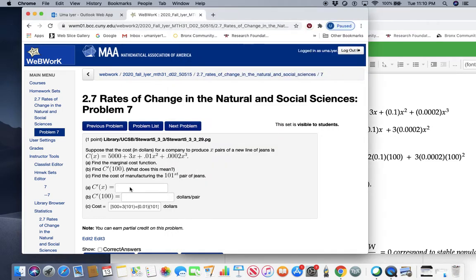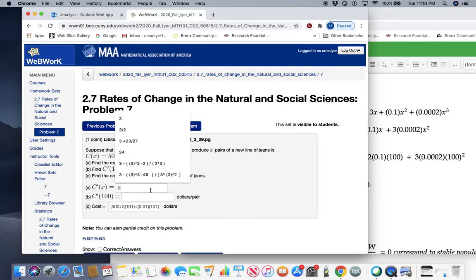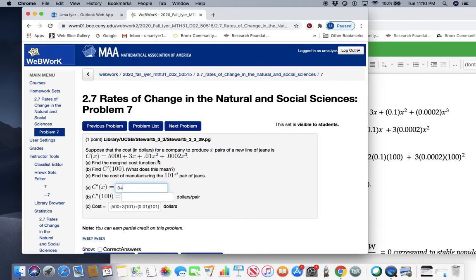So let's find the derivative of this. So that is 3 plus 2 times 0.01, so 0.02x, plus 3 times 0.0006 times x to the power 2.